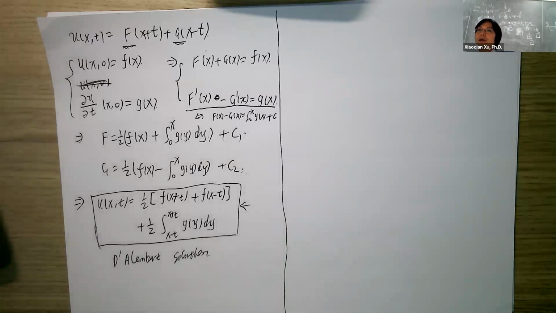So here, if we only study this kind of differential equation with initial data on the whole space, say on R, then this seems to be very simple, right? You can just plug in your initial data, and then you got your solution.